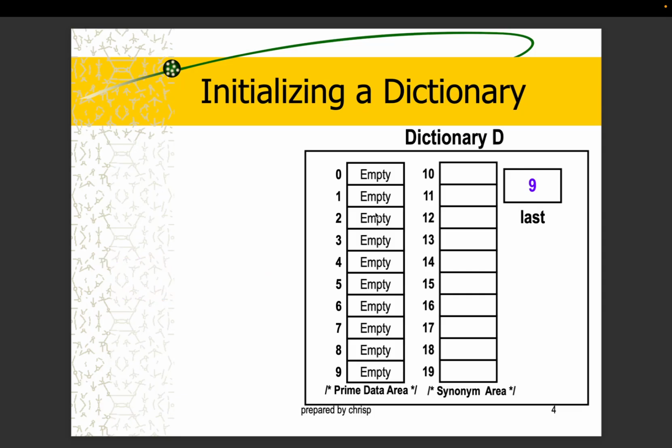It's as simple as setting all of the values to empty. In this case, we could have just defined a constant, or we could have defined an enum that represents empty.